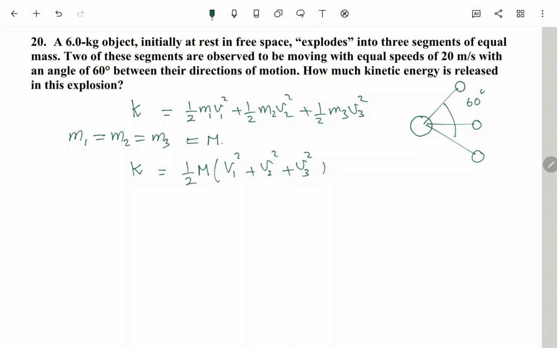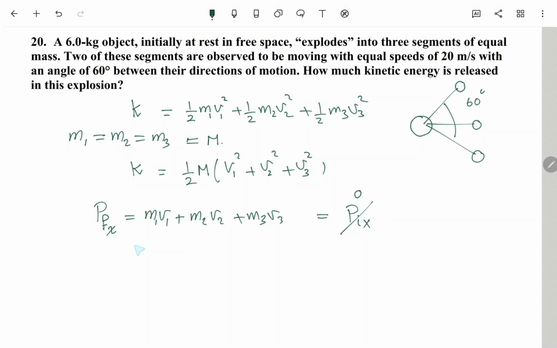Let's use the information given in the question. P final x equals m1 v1 plus m2 v2 plus m3 v3, and P final x equals P initial x, which is equal to 0.